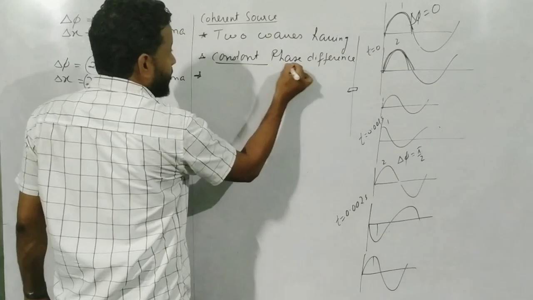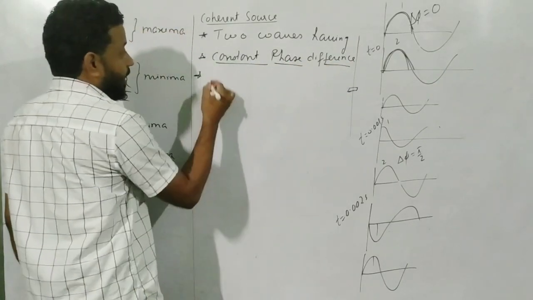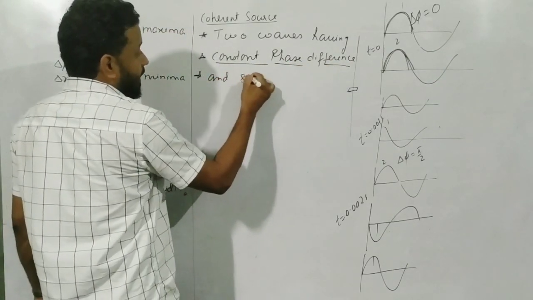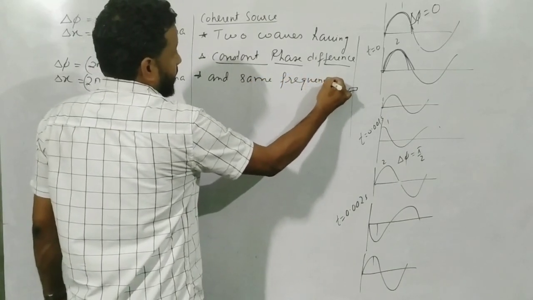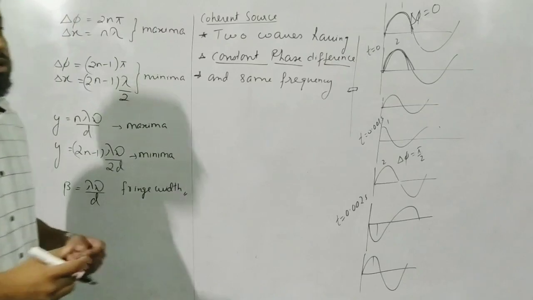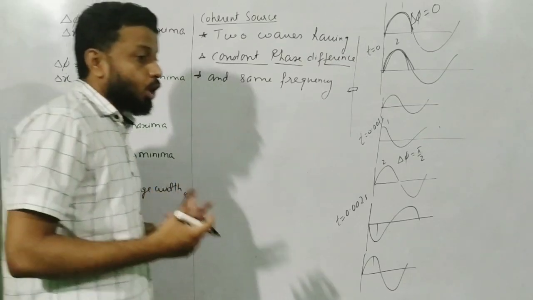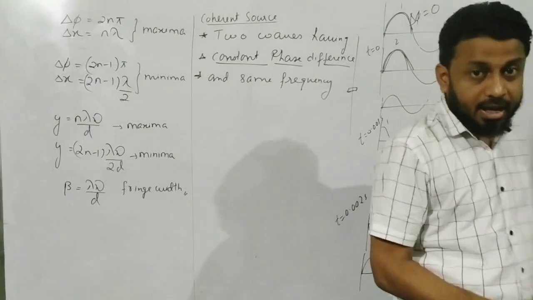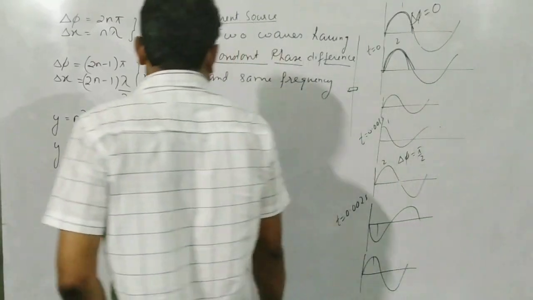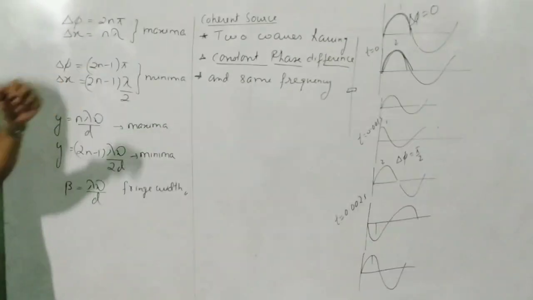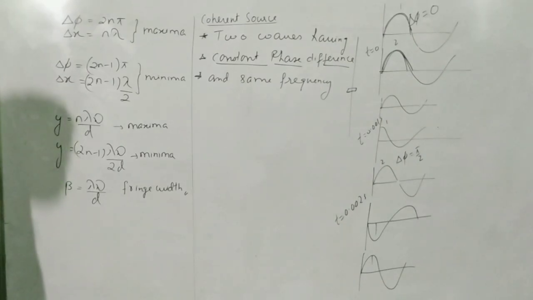The word is constant phase difference and same frequency. So two sources of waves will be called a coherent source of light if they have constant phase difference and have same frequency. Okay, this is what we call as coherent source of light.